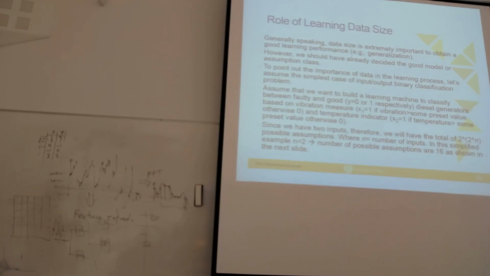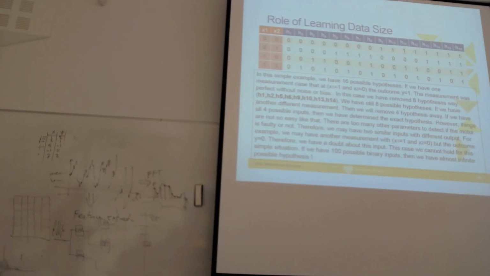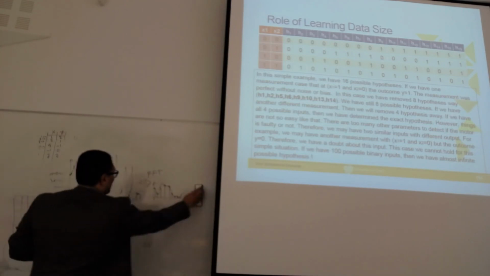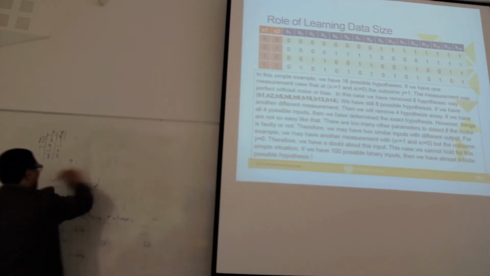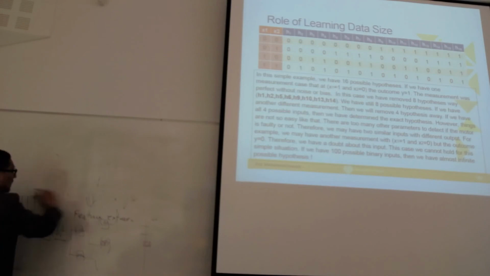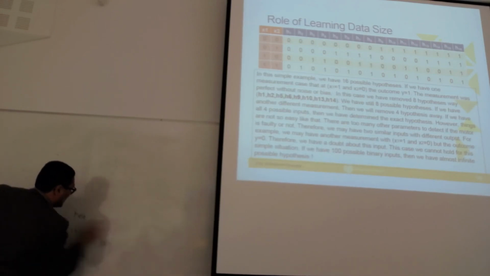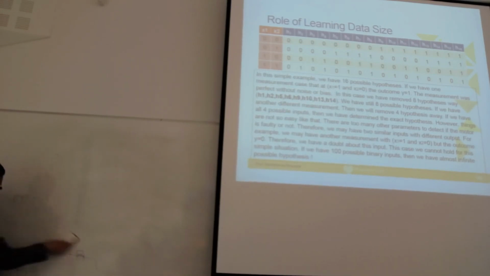The data size is very important for learning, as we explained before. Let us start with this simple example. Now we assume that we have only 2 attributes for a certain machine.